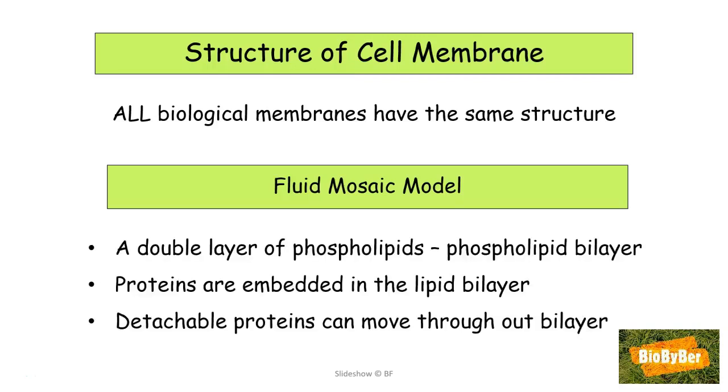In this structure, the cell membrane has a double layer of phospholipids, a phospholipid bilayer. Proteins are embedded in the phospholipid bilayer. Detachable proteins can move throughout the bilayer without affecting its overall structure.